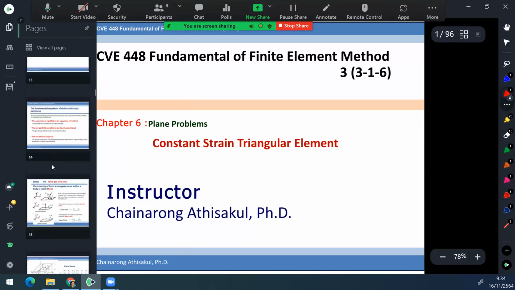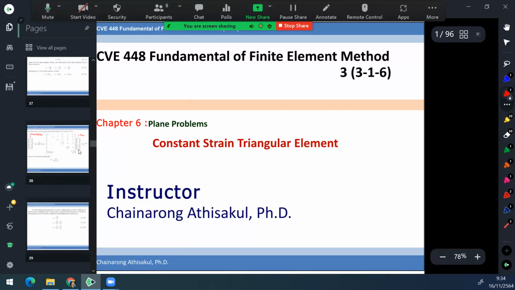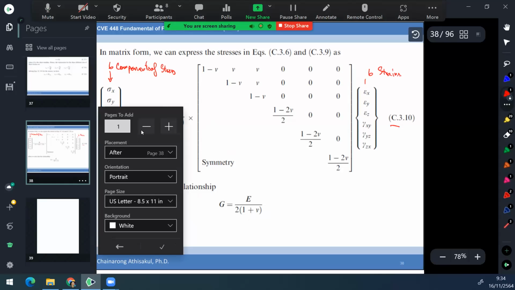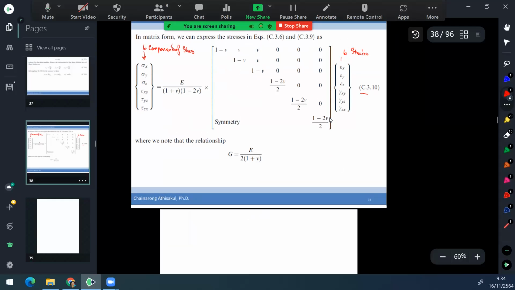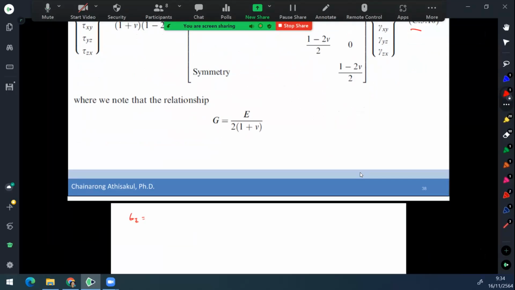So for this case, we simplify this equation by the following definition: we define that sigma z, tau xz, and tau yz become 0.